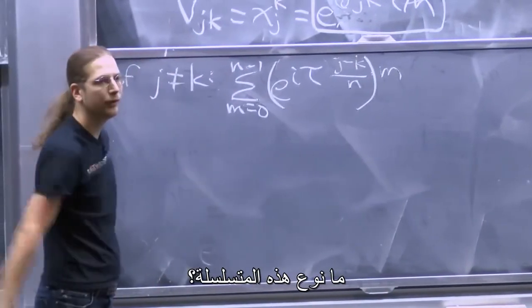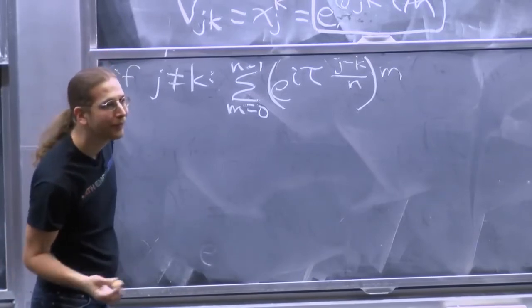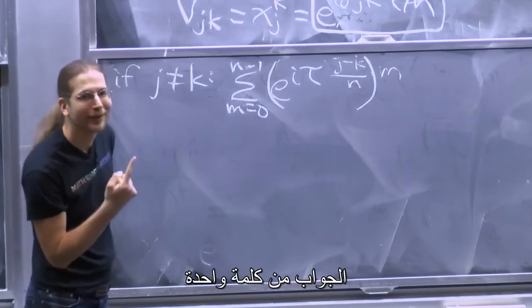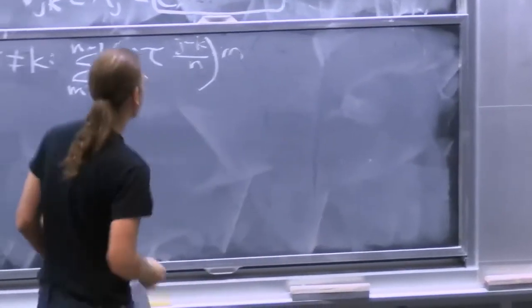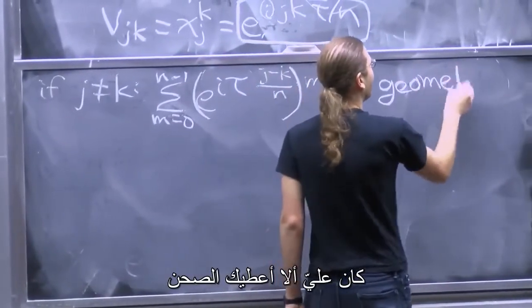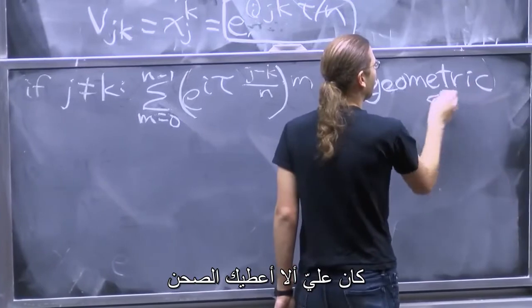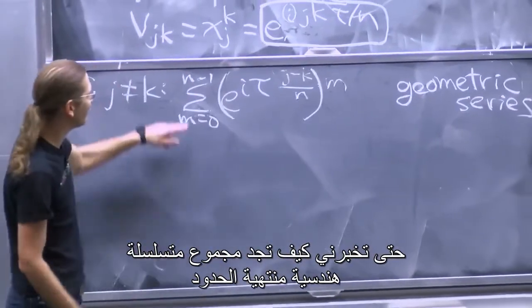What is this series? One word? Geometric. Thank you. This is a geometric series. And I guess I should have waited to give you the Frisbee until you tell me how you solve a geometric series with a finite number of terms.